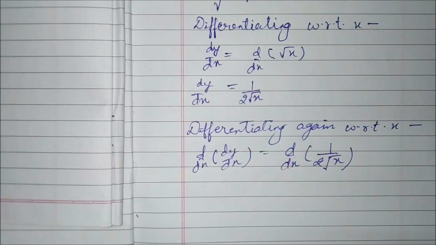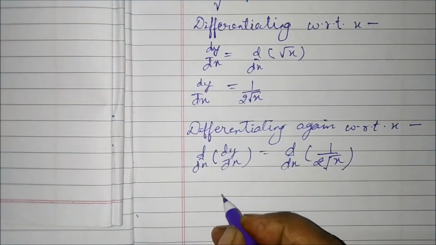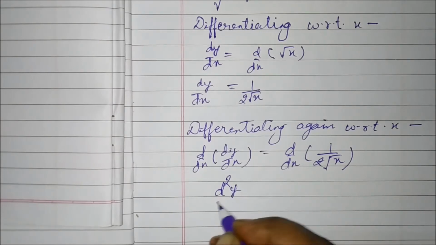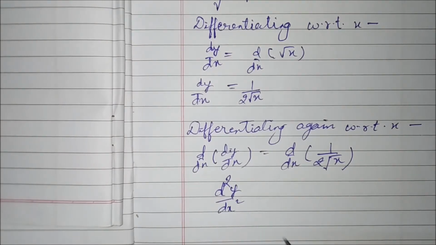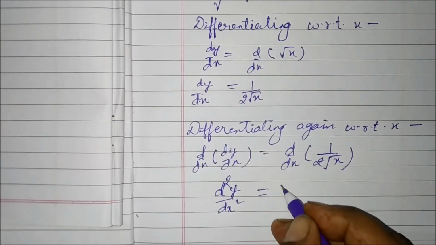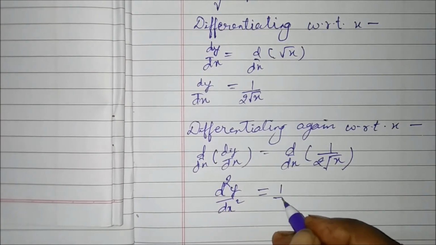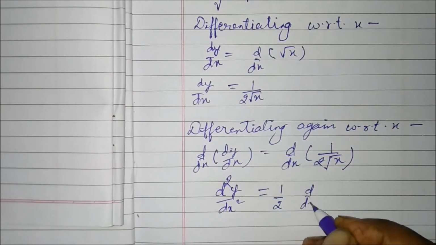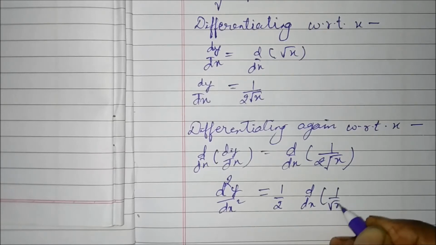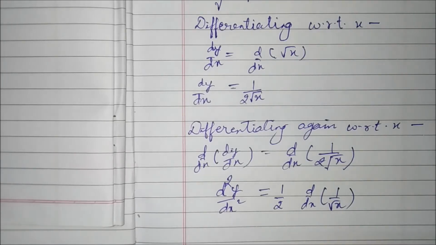Clear? Now it will become d2y by dx2 equals, this 2 is taken as a coefficient, 1 upon 2 times d by dx of 1 upon root x.